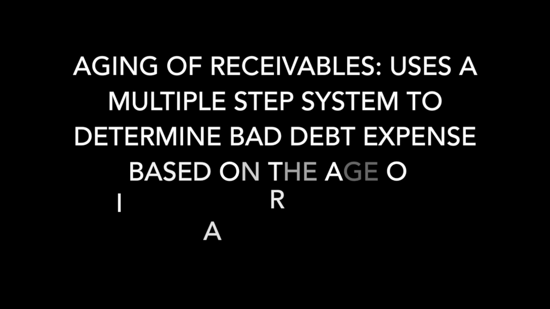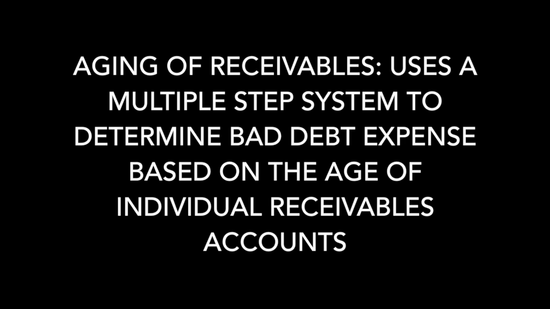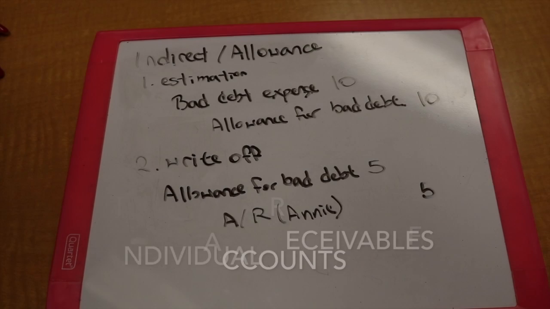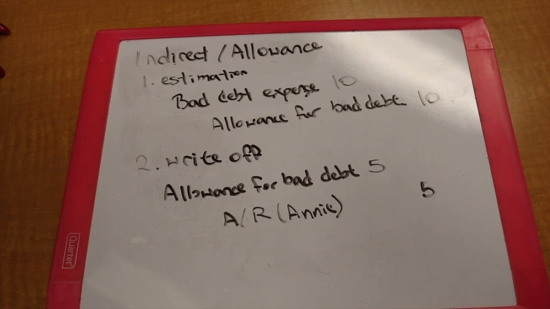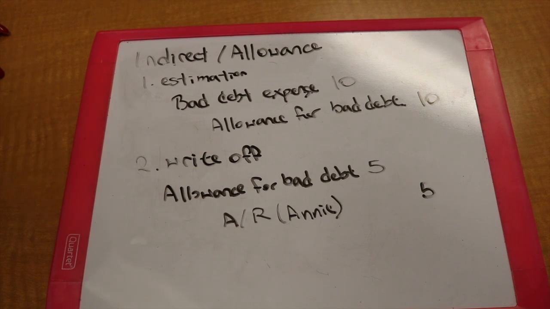There is another method called aging of receivables, which uses a multiple-step system to determine bad debt expense based on the age of individual receivable accounts. For example, you can expect someone to pay you back after a week, but it becomes less likely after a year.